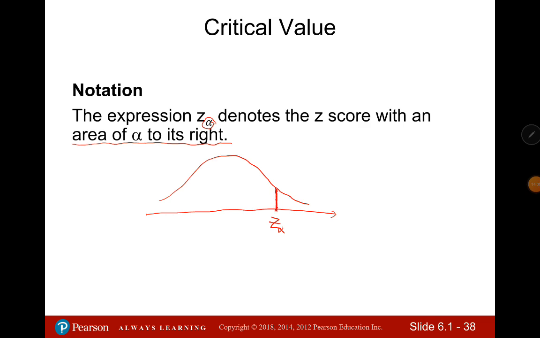So I draw a borderline here to separate the total curve into two parts, and we focus on this area to the right. The area cumulative to the right side is just equal to alpha. So this Z is called the critical value.